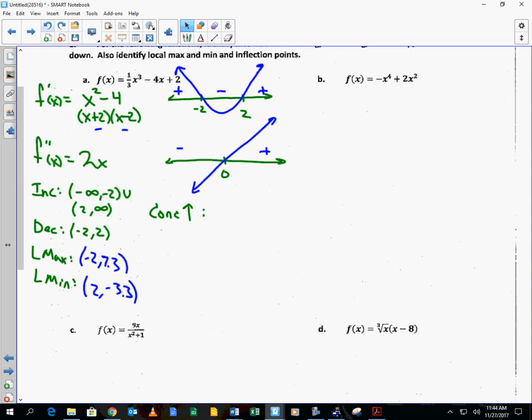All right. Okay, concavity. When is it concave up? When the second derivative is? When it's positive. So that's going to be from 0 to infinity. When is it concave down?